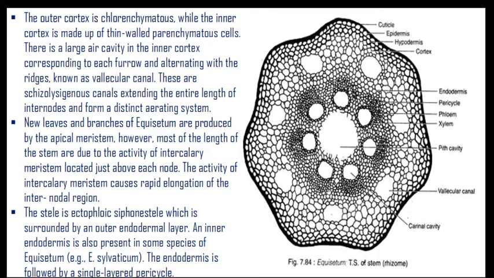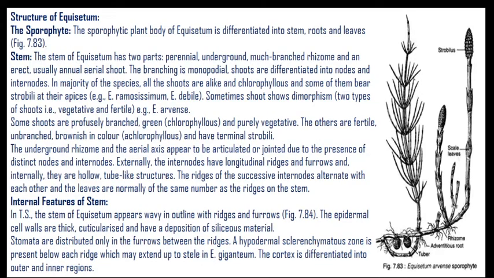So this is the transverse section of a stem or rhizome. That structure shows stomata which are distributed only in the furrows between the ridges, and a hypodermal sclerenchymatous zone is present below each ridge, which may extend up to the stele.